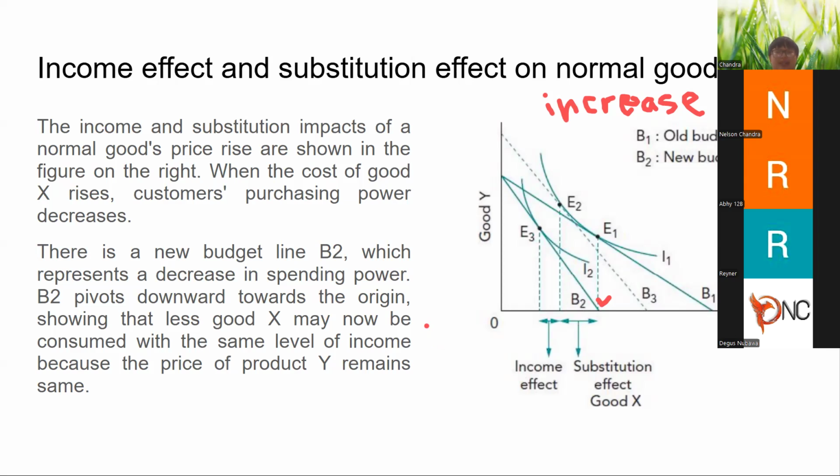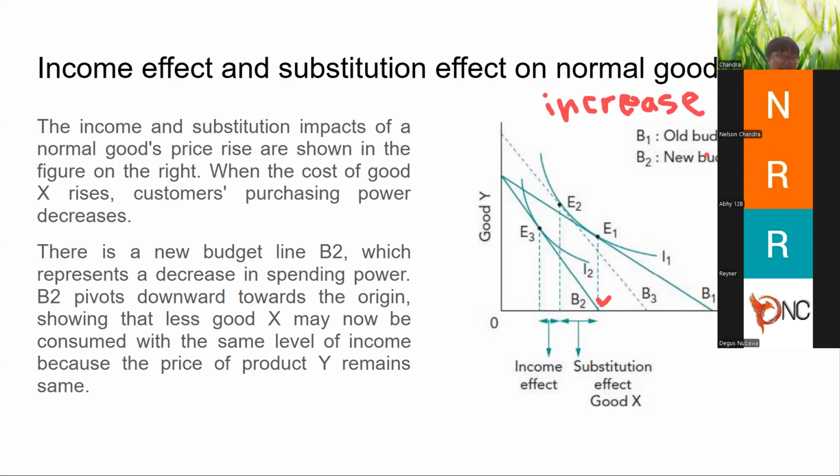So what is the substitution effect? The substitution effect will happen as X is more expensive. People will substitute the consumption. Instead of buying goods X, they will choose to buy less of goods X and they will substitute their consumption to goods Y. That is the first thing that will happen.